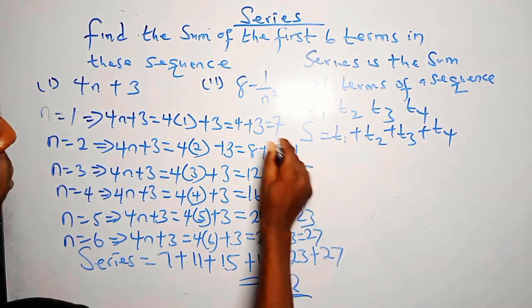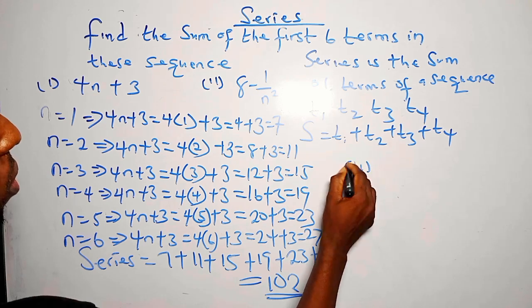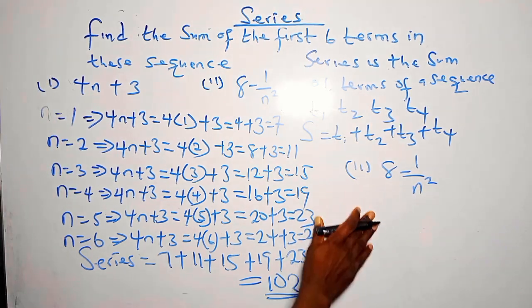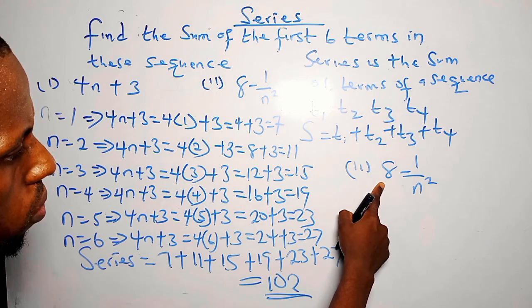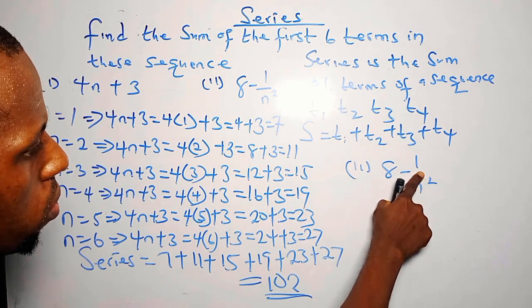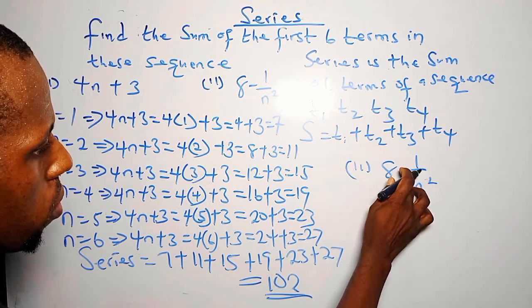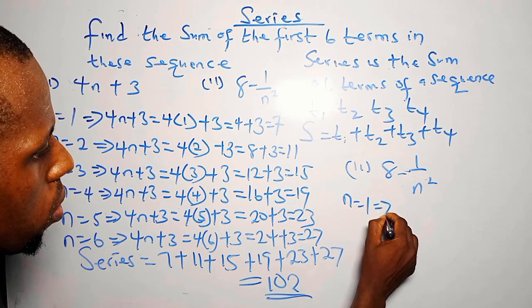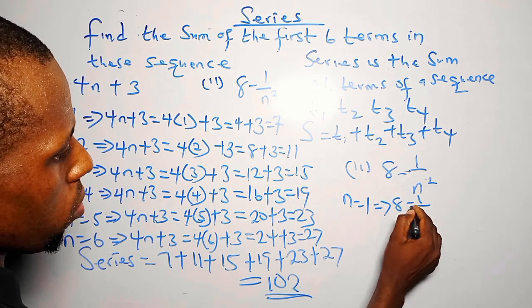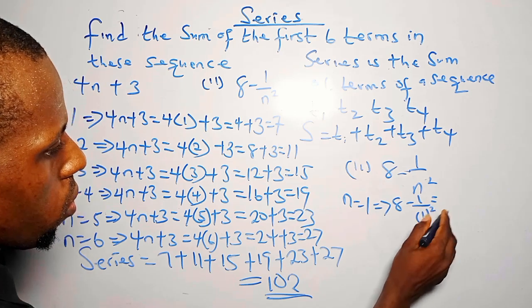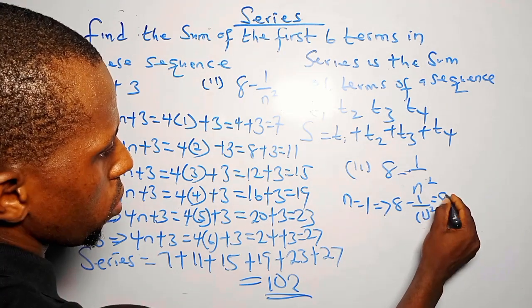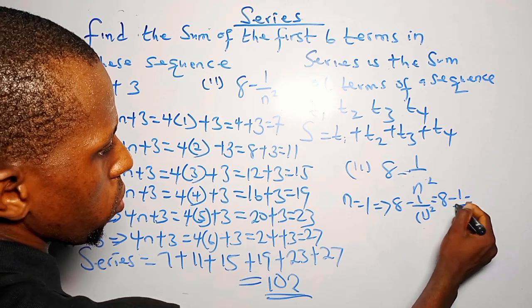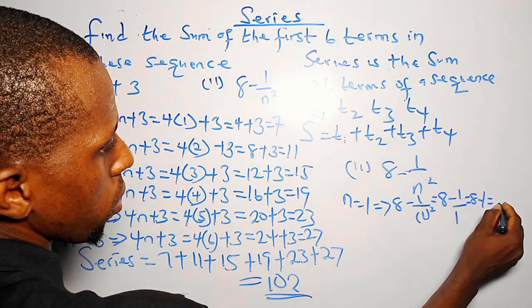The second one is 8 minus 1 over n squared. When n is 1, we have 8 minus 1 divided by 1 squared. 1 squared is 1, so 8 minus 1 is 7.